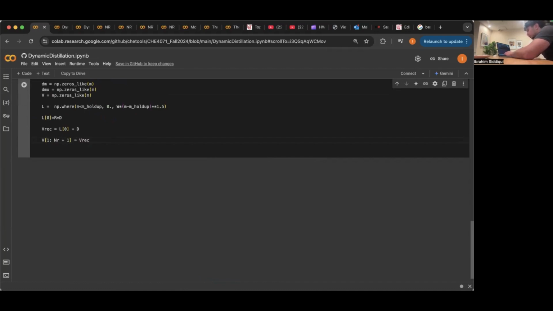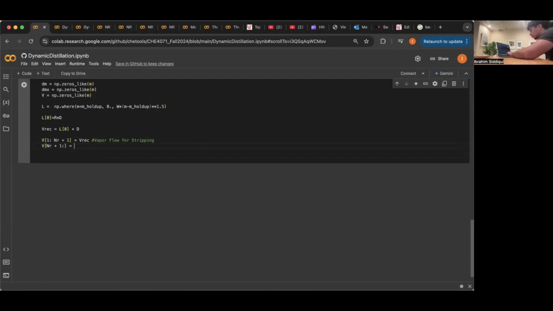So just to initialize this, we're looking at our vapor flow for stripping. Okay, so now we want to do this for our stripping. So this is going to be our V. We're initializing this again at our V, and it's going to be again our NR plus 1. So NR plus 1, and then we're going to close this. So it's going to be pretty much capturing all these values at the end of our array.